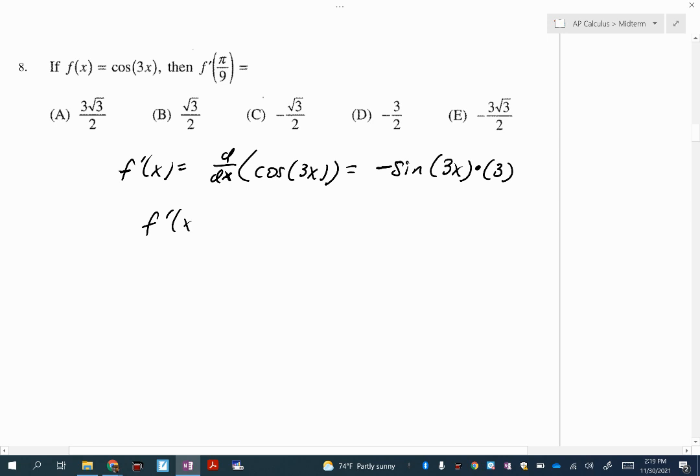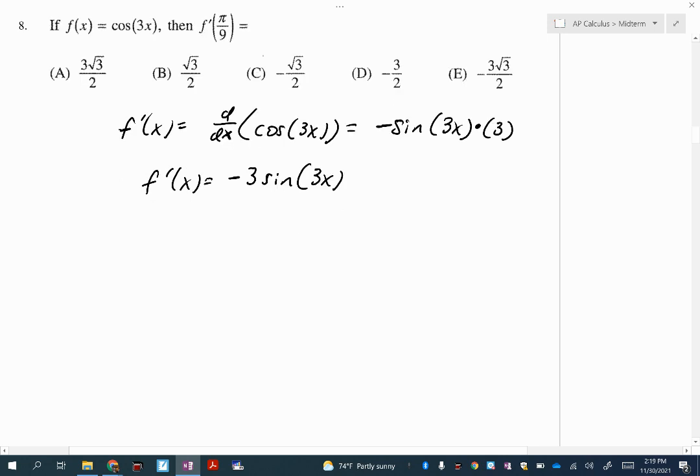So now, if this is my derivative of the f of x function, I want to plug in pi over 9. All right, when I do that, 3 times pi over 9 is the same as pi over 3.